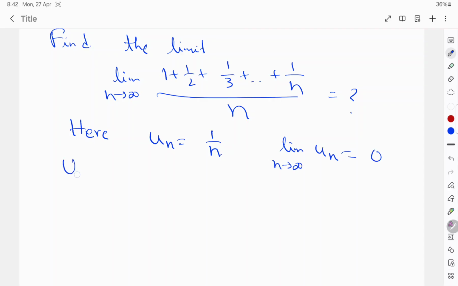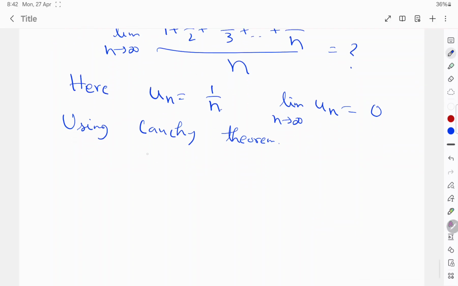So using Cauchy theorem, what you can say is (u1 plus u2 plus dot dot dot un) by n is equal to 0.